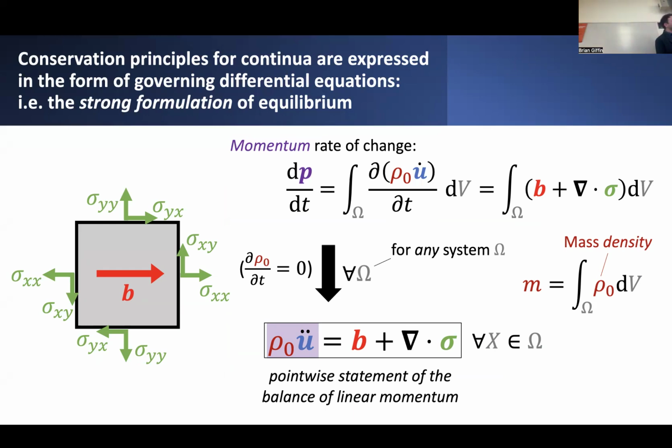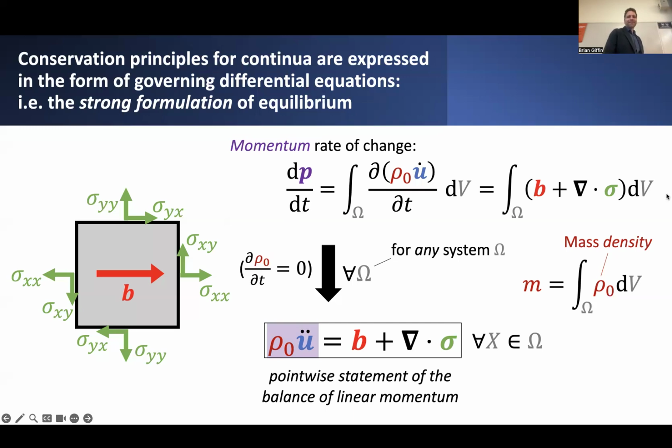That could include different contributions, including body forces, which we would integrate over the interior volume of the block, as well as exterior tractions that might act on the boundary of the block, or exterior surface forces, which, as we saw, could be related directly to the stresses that act on the surface of this block. Through the divergence theorem, we could convert these surface tractions into an equivalent statement that involves the divergence of the stress tensor, right? We skipped over a few steps here, but hopefully you recall some of those details.